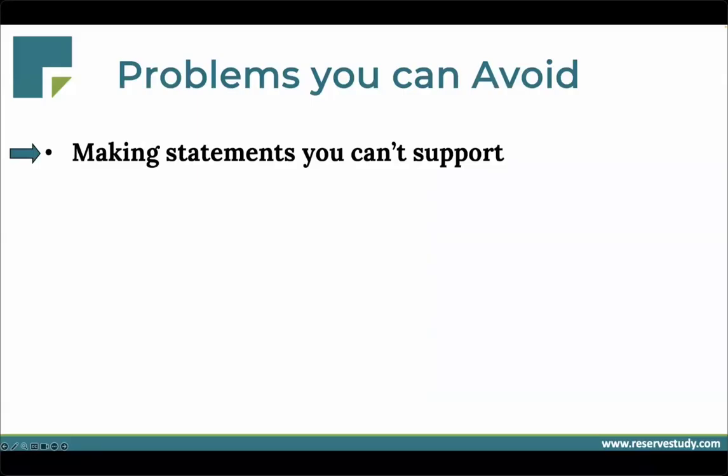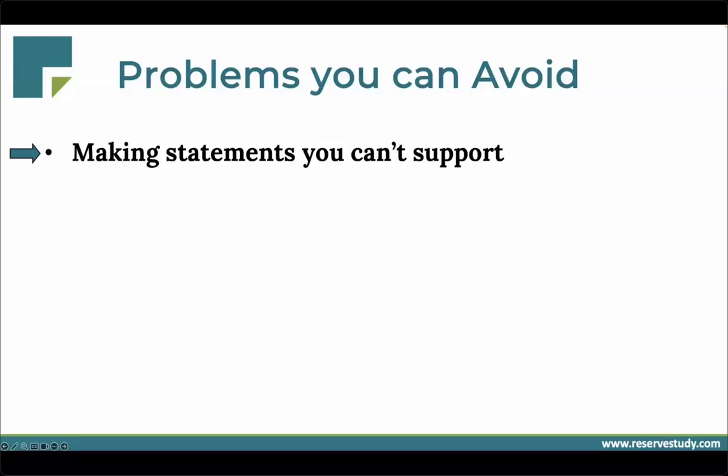When it comes to a reserve study, it is much better to communicate to the owners in your meeting, well, let's take a look at the latest reserve study and see what it says about that question, rather than just saying, well, I think reserves are great, or maybe it's no problem if we let that project slide another year or two.